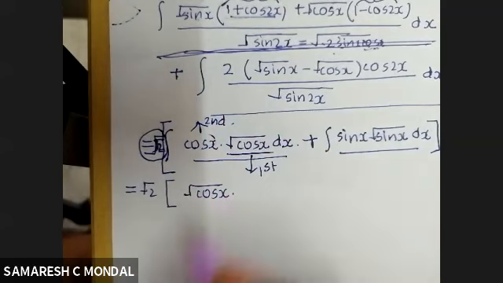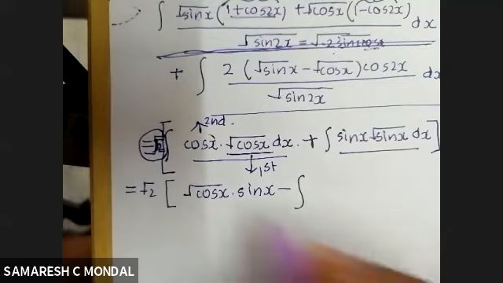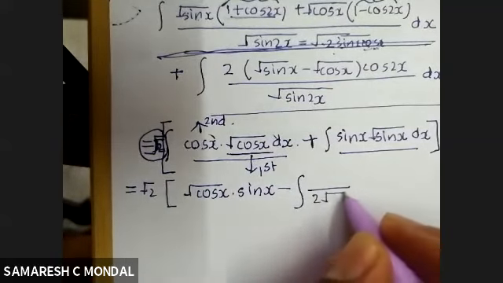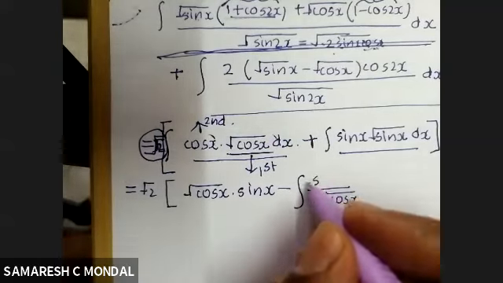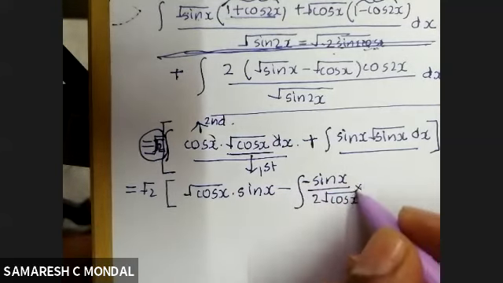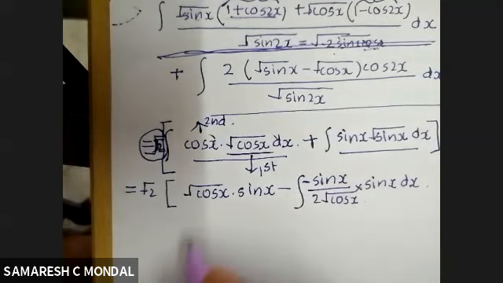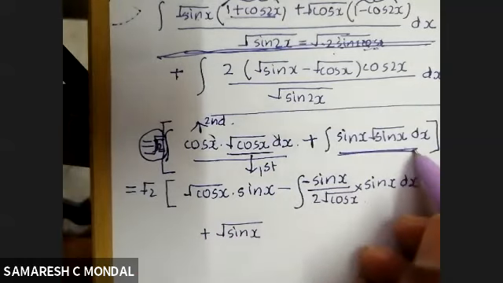Integration of cos x is nothing but sin x, minus a big integration. Now differentiation of root cos x will be 1 by 2 root cos x, into minus sin x, and already the integration of sin x is there, dx, plus root sin x, again we'll write, the second term I'm integrating.